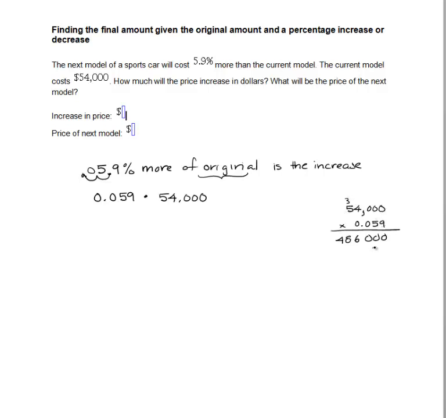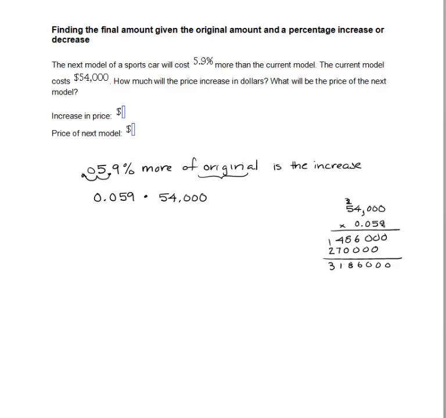Next one, 5 is 0, 0, 0. 5 times 4 is 20, carry the 2. 5 times 5 is 25, plus 2, you get 27. So I have 0, 0, 0, 6, 8, 11, 3.